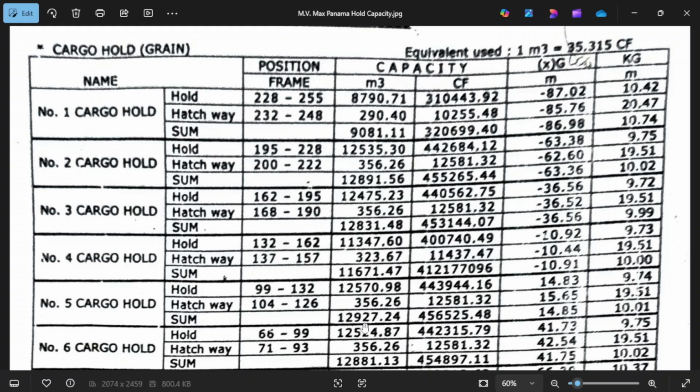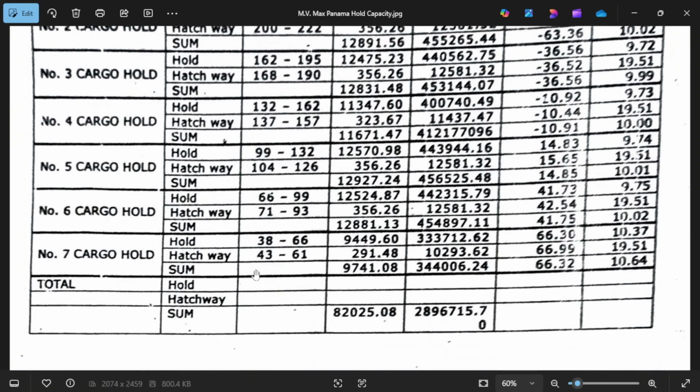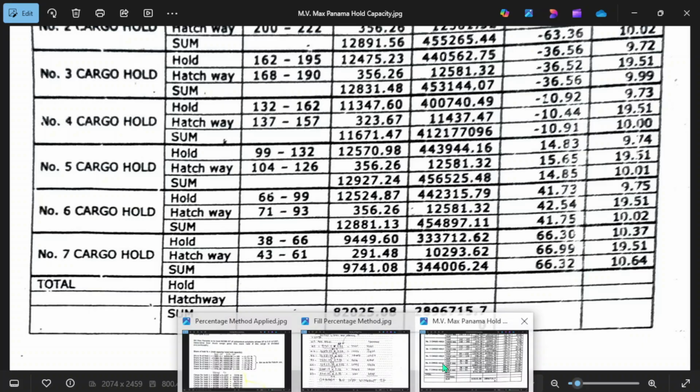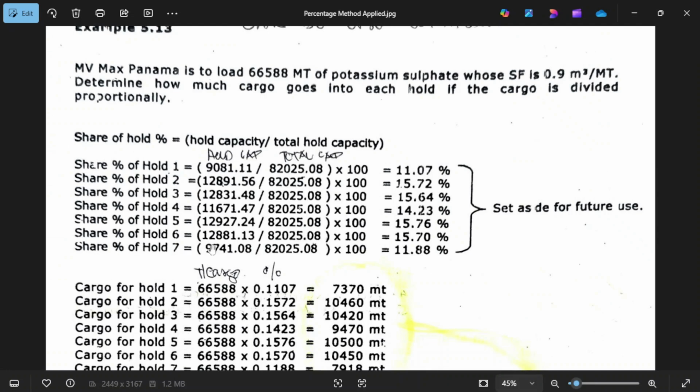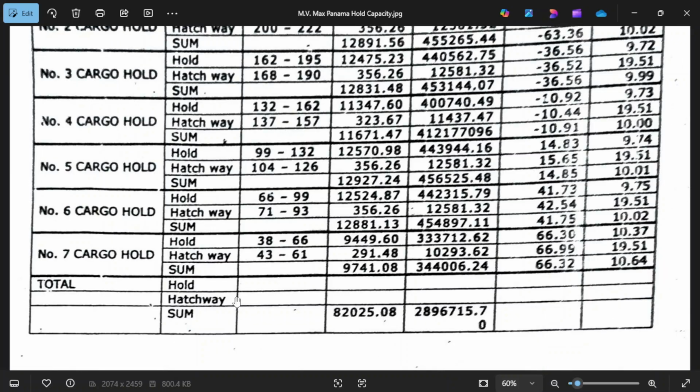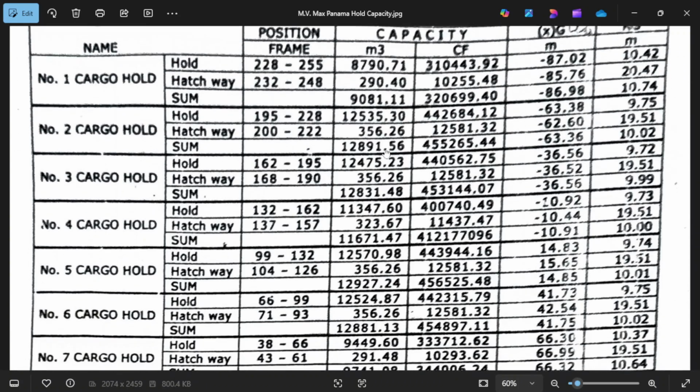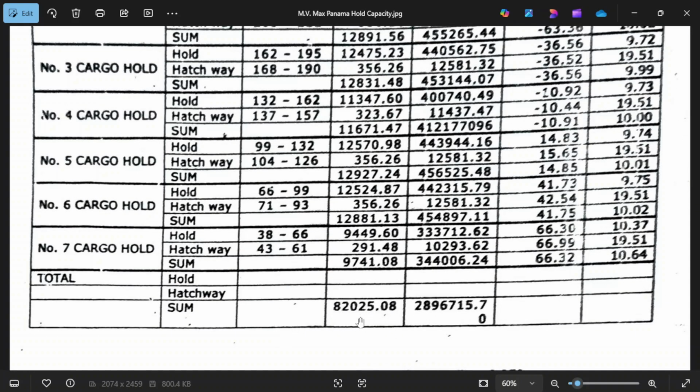Number 6 is 12881.13, and number 7 is 9474108. So it is now confirmed.